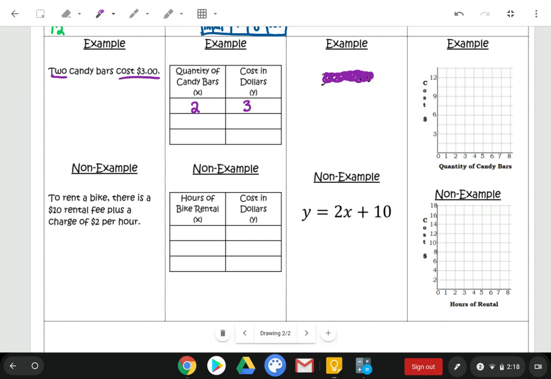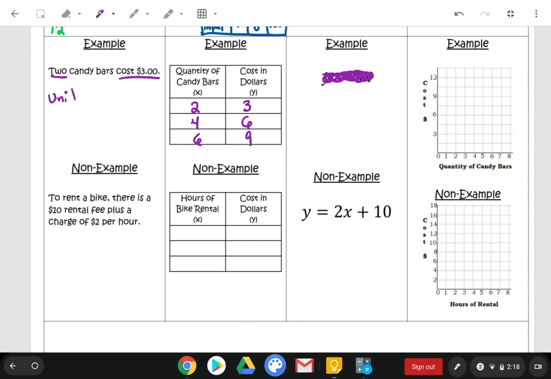Well, how much would 4 candy bars cost? $6. How about 6 candy bars? $9. What if I ask you for the unit rate?